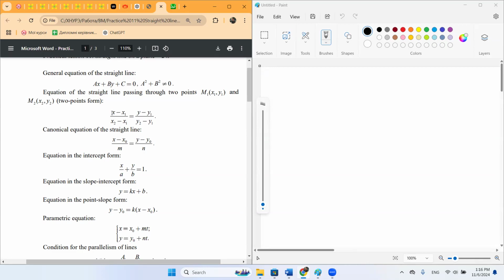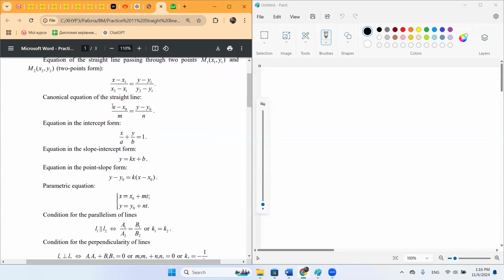Basically, this equation is equivalent to the canonical equation of the straight line, but in that case we don't know 2 points, only 1 point with coordinates x0, y0 that belongs to this line, and m, n are coordinates of a direction vector that either belongs to this line or is parallel to it.